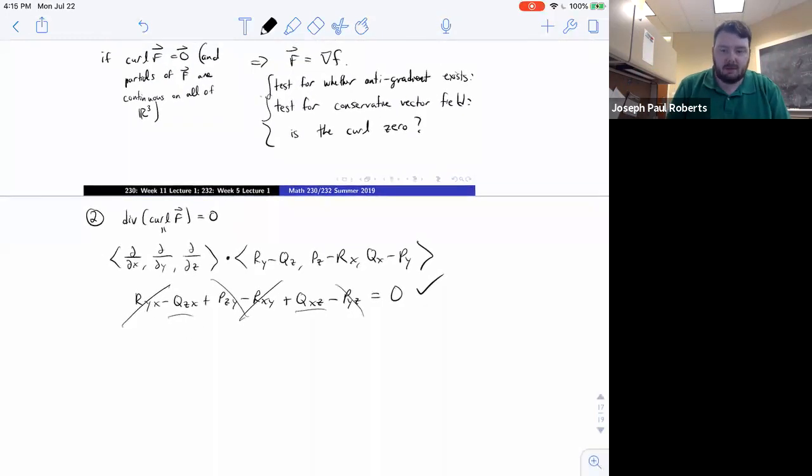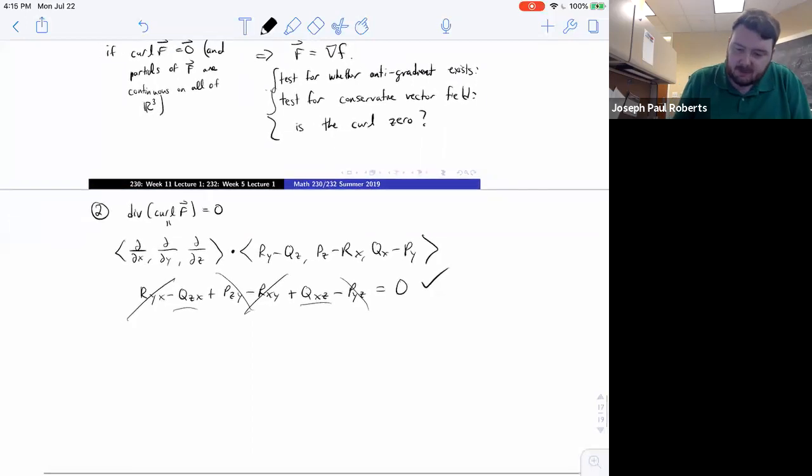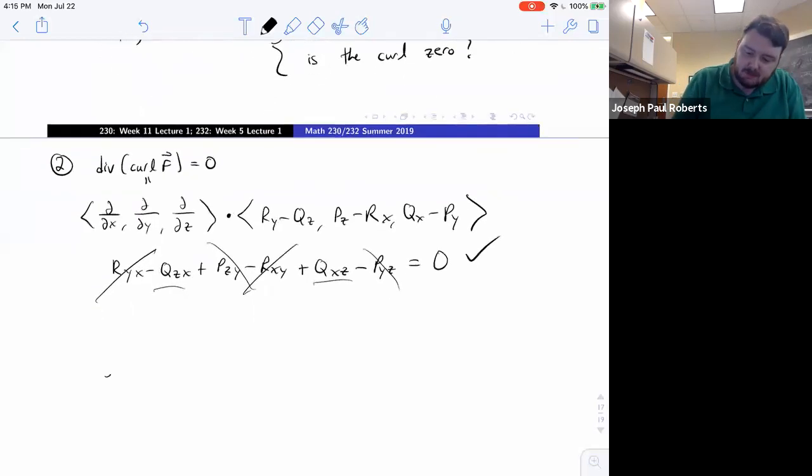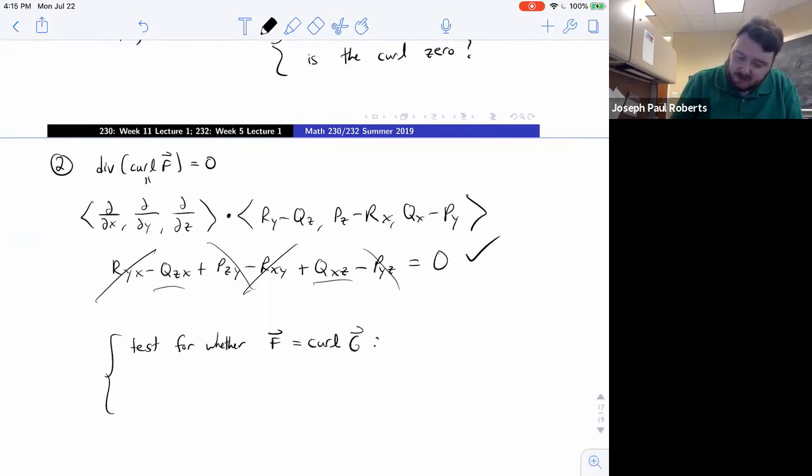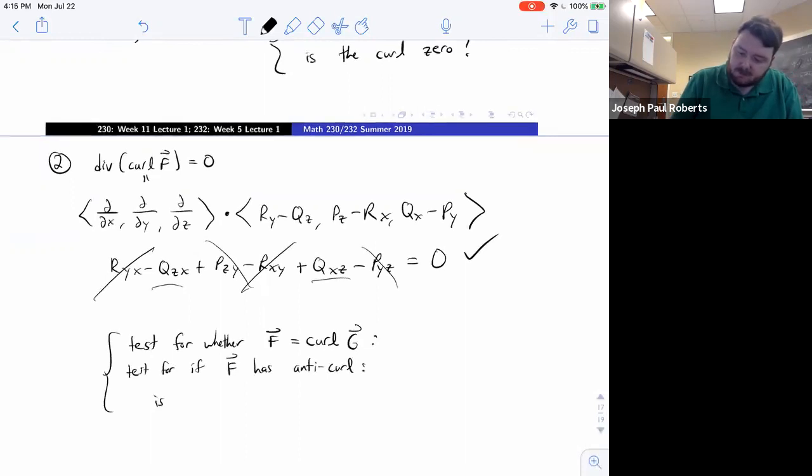And similarly, that tells us that the test for whether F is equal to curl G, which is just a different way of saying test for if F has an anti-curl, is the divergence of F 0.